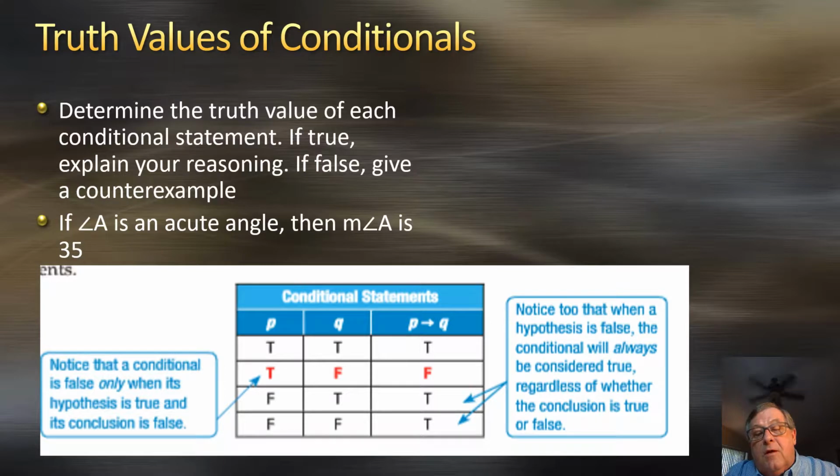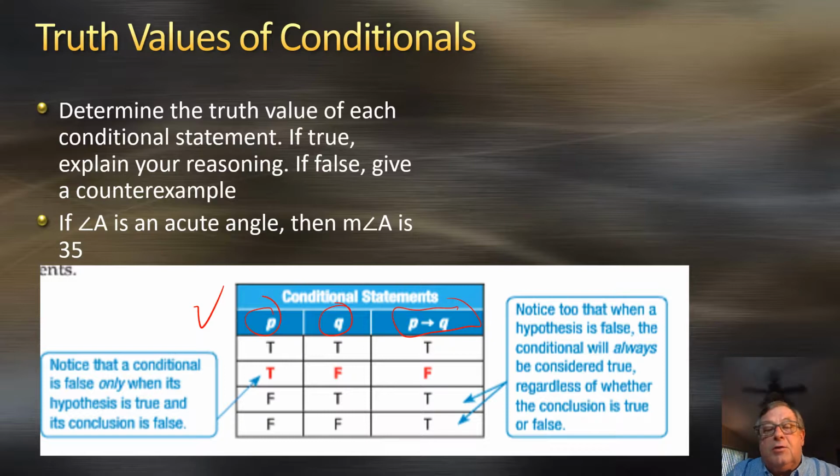And this is where we're just going to have to follow our rules of a conditional statement. In other words, P is the hypothesis, Q is the conclusion, and if the hypothesis, then the conclusion.